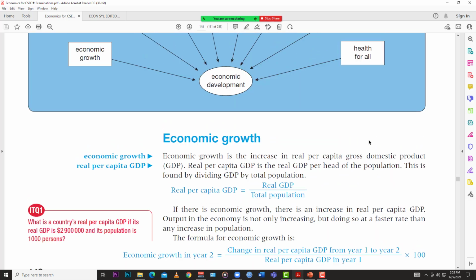So economic growth is a change in GDP. So if GDP goes up, that's positive economic growth. If GDP goes down, then that's negative economic growth. But the part here where they're saying real per capita GDP, when you hear somebody say per capita, that is referring to dividing something by the total population.